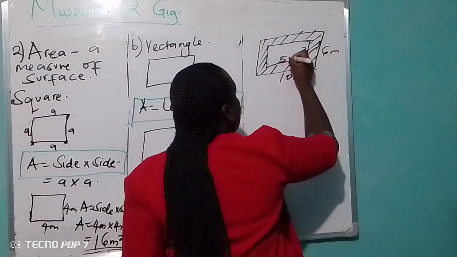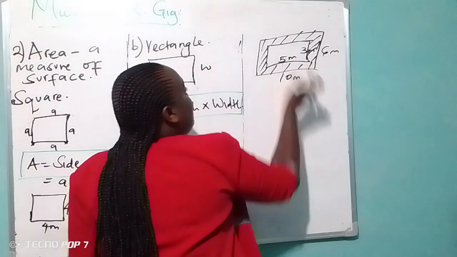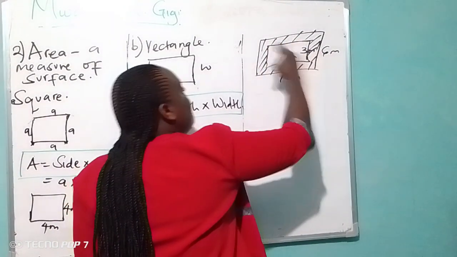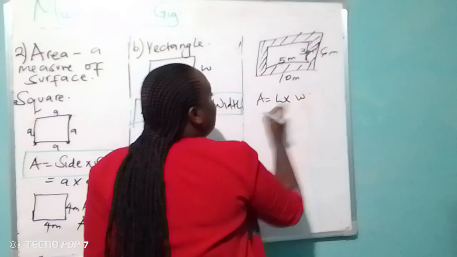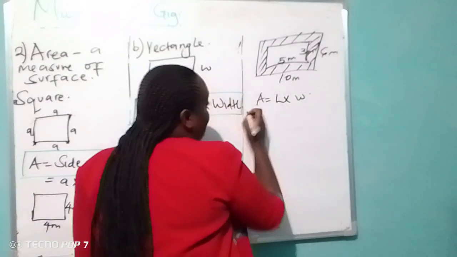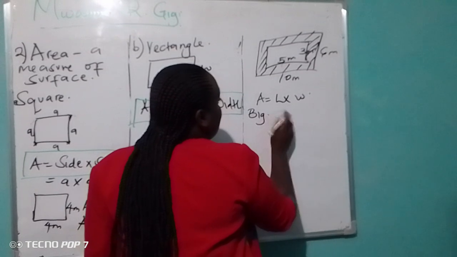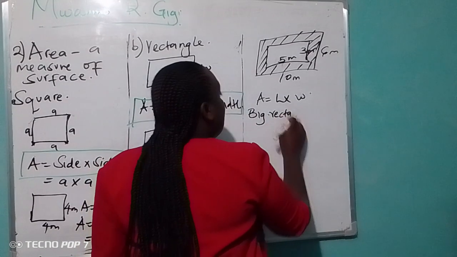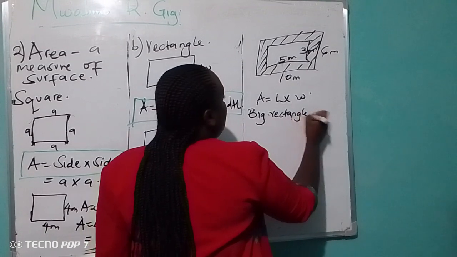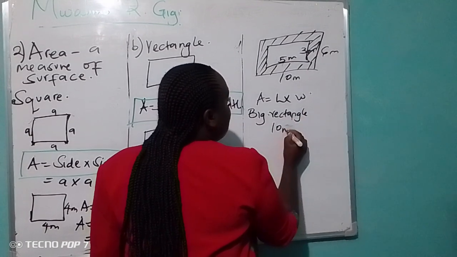So to find the area of hii kubwa, the find minus the area ya ndogo, si ndio? So you know the area of a rectangle is length times width. So the big rectangle is 10 meters times 6 meters.